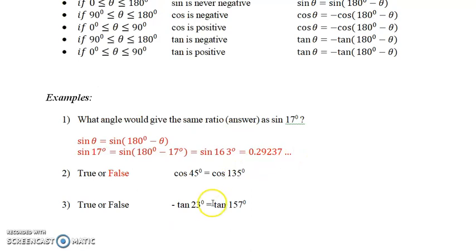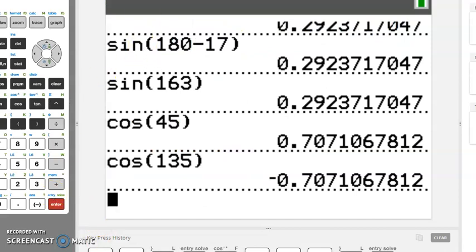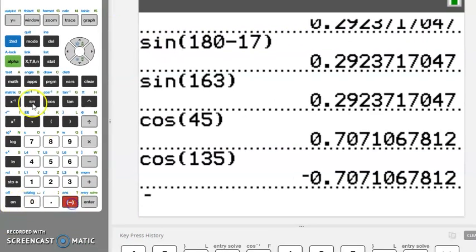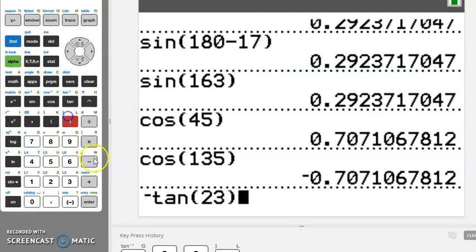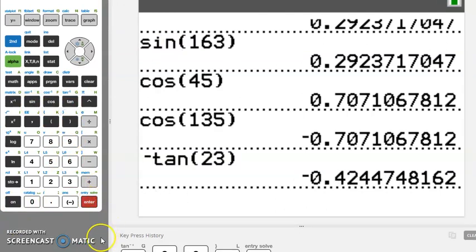True or false? The negative tan 23 degrees is equal to tan 157 degrees. So that would be this scenario here. Let's check it out, and make your prediction. Negative tan 23 is negative 0.424.